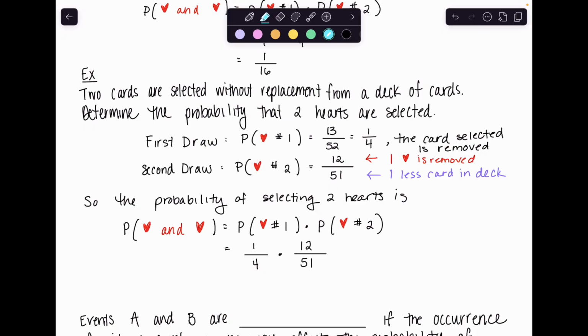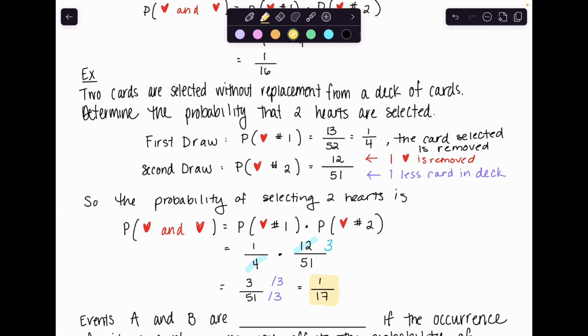So if we go ahead and simplify this, you can indeed multiply stuff out. However, 12 and 4 do simplify. 12 divided by 4 leaves me with 3. So ultimately, this leaves me with a 3 in 51 chance. And then this does actually reduce. Top and bottom are divisible by 3. So you have a 1 in 17 chance of this event occurring.